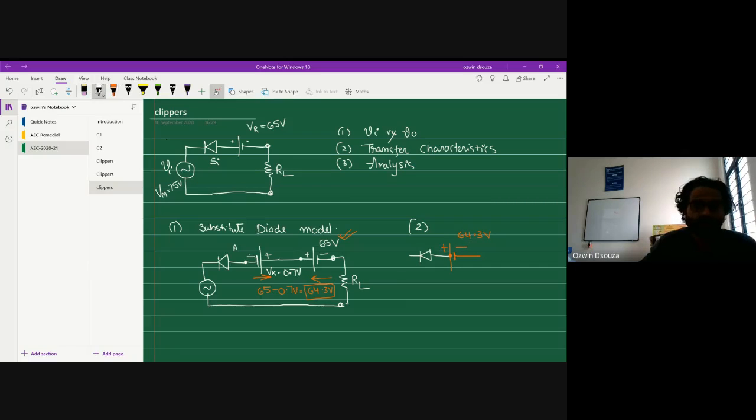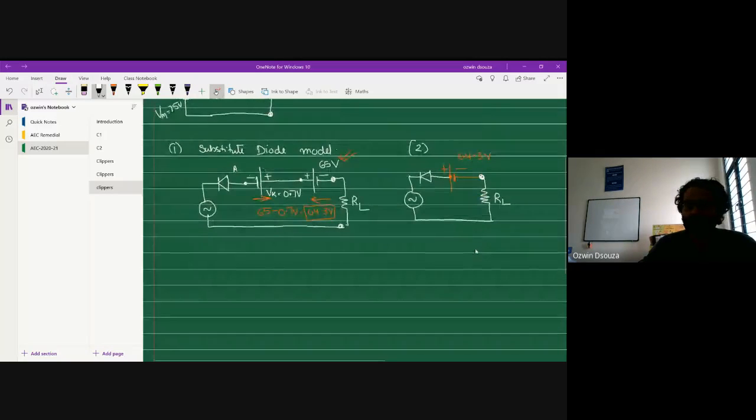All right, and then comes the source, followed by the load resistor. So now your circuit is ready for further examination. Now you can carry out the analysis.